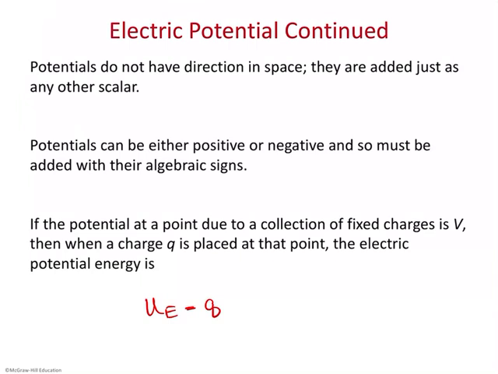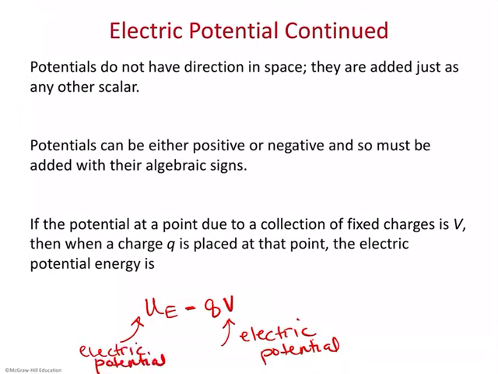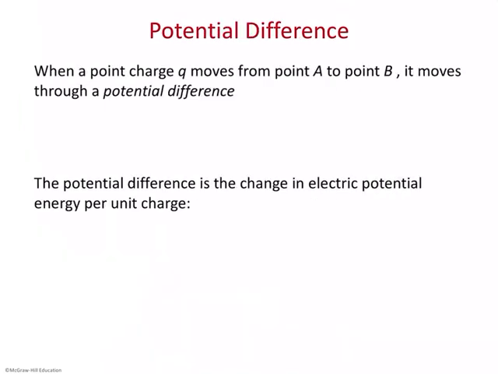But if we don't have that information, if we just have the electric potential, we might have charge times voltage, otherwise known as electric potential. Which might be confusing because that U right there is electric potential energy, measured in joules, and V is measured in volts. So try to keep that in place.